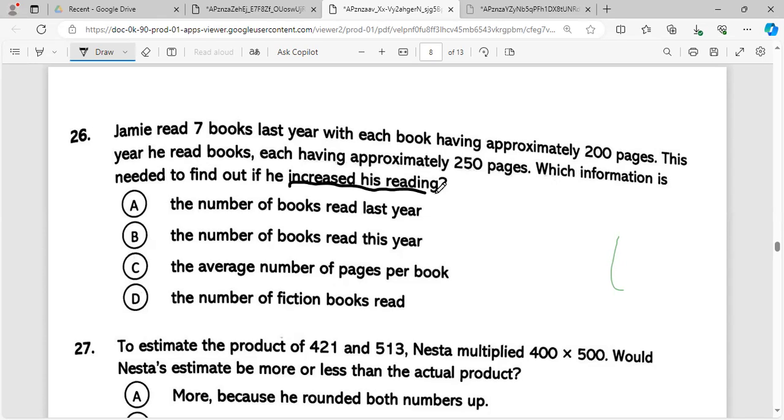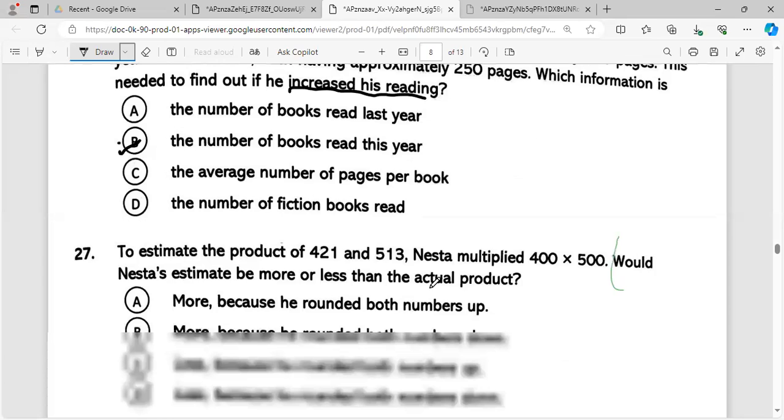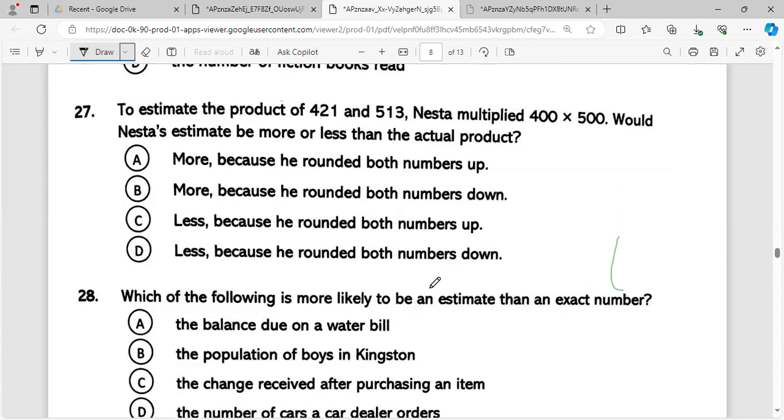The number of books he read this year. They already said he read 7 books last year. Okay, cool. Yeah, it's correct. Because they are saying that he read 7 last year, so we need to know how many he read this year. Good job.